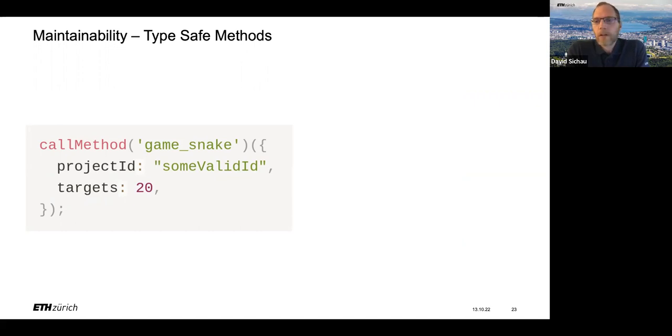It's also important to have type support for all your parameters, and also for the return type. And then you can use these helper functions, for example, in React, and write your React hook useMethod, which internally uses this call method.